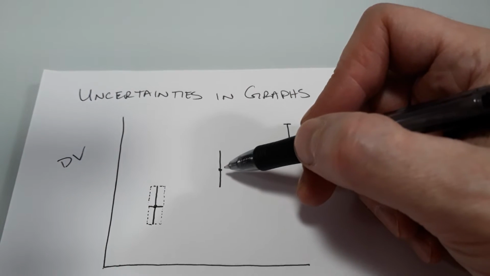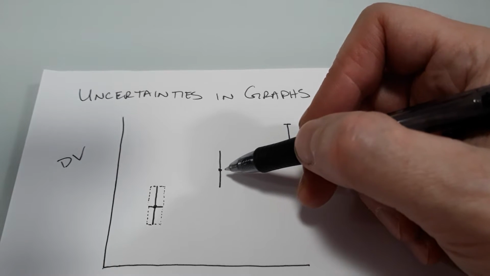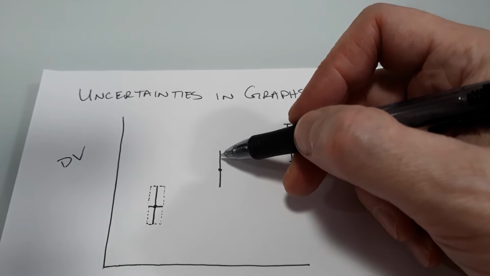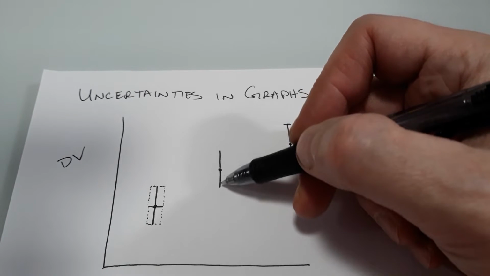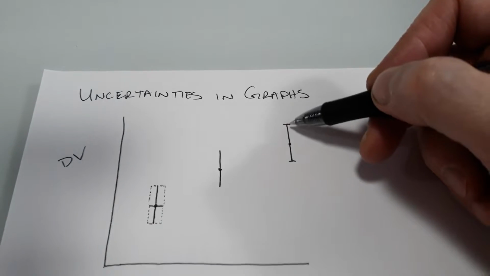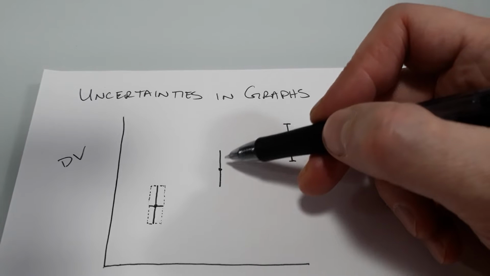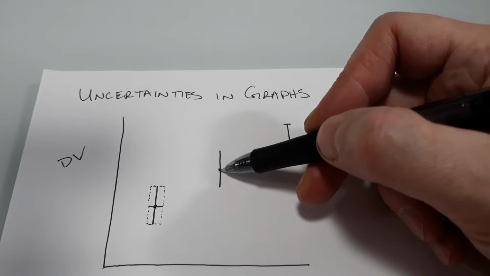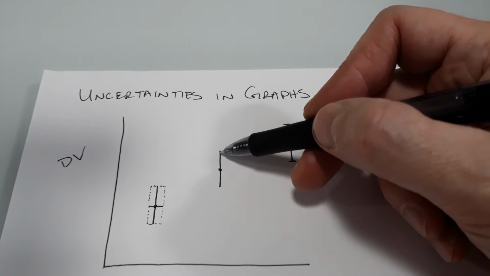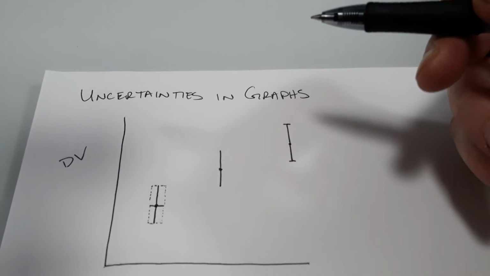If, on the other hand, the uncertainty in the independent variable is so small that essentially it's negligible or we can ignore it, then the actual value of the data point simply lies along this line. It takes on some value along this line. Whether we do it with the cap or without the cap really doesn't make any difference. So the value, if you pick one, of course you would pick the average value, but what you're saying with these error bars is that it could lie anywhere along here in terms of its value for the dependent variable.